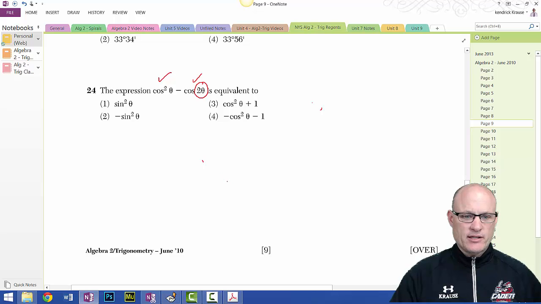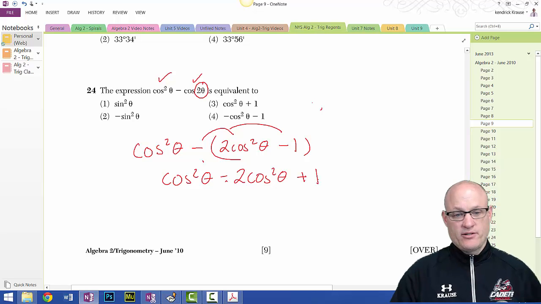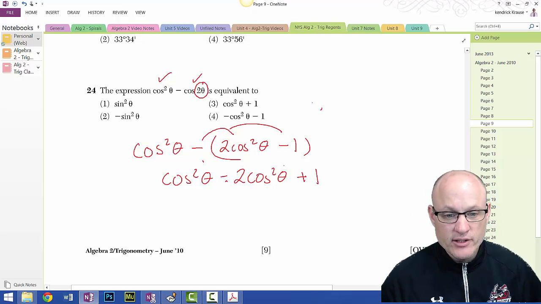So I'm going to write that down. I've got cosine squared theta. Now here's the trick. Minus, you're replacing it, put in parentheses when you replace things, 2 cosine squared theta minus 1. Well, now I got to distribute this minus, so I get cosine squared theta minus 2 cosine squared theta plus 1.